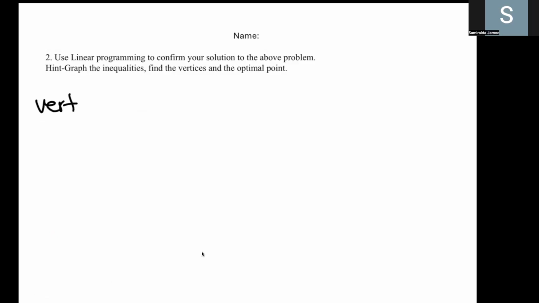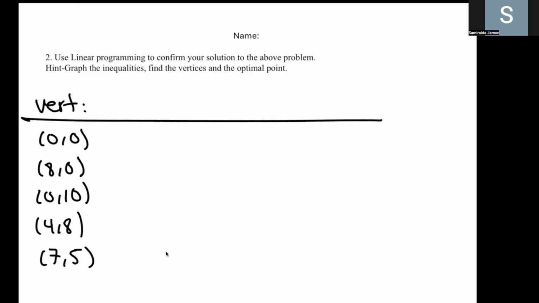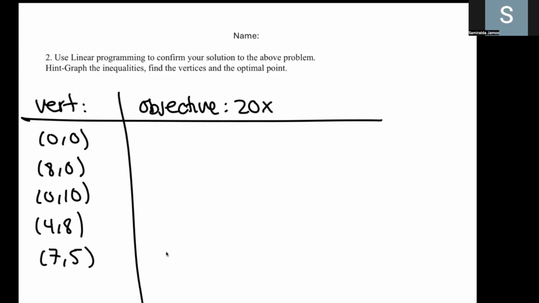So the vertices we had were 0, 0, 8, 0, 0, 10, 4, 8, and 5, 7. The objective function was 20x plus 30y.